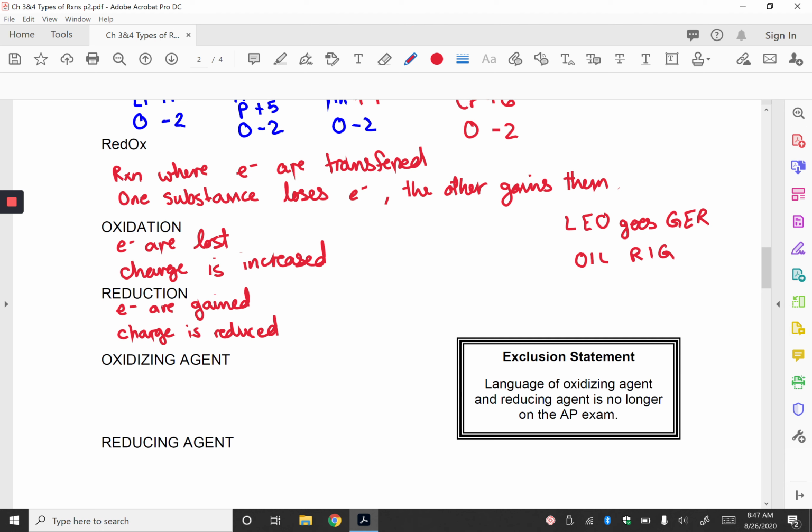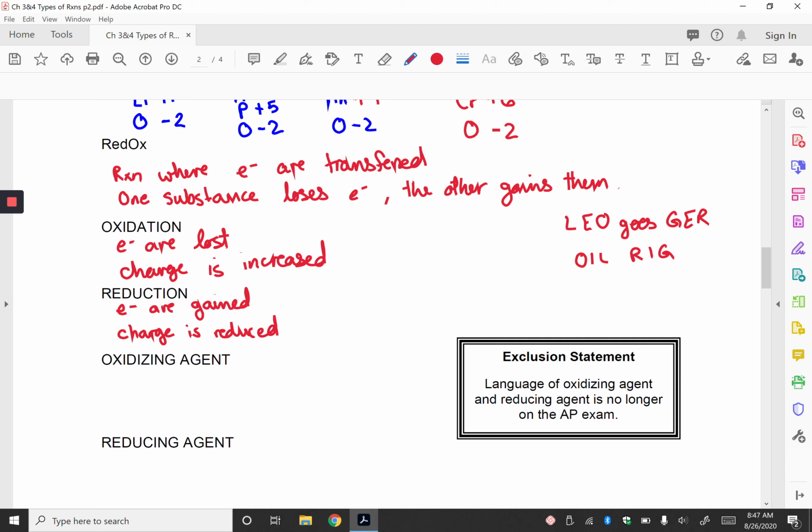An oxidizing agent is kind of similar to a real estate agent or a travel agent. They themselves don't do these things. For example, a real estate agent helps me buy a house. They themselves don't necessarily buy that house. Or a travel agent helps me travel. They themselves don't necessarily travel. So an oxidizing agent does not get oxidized.